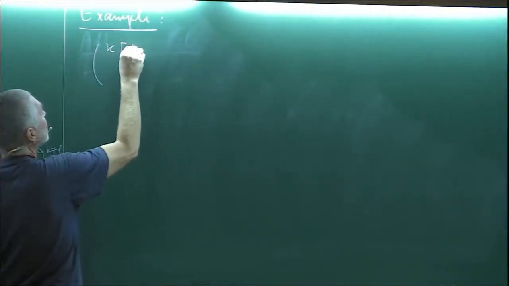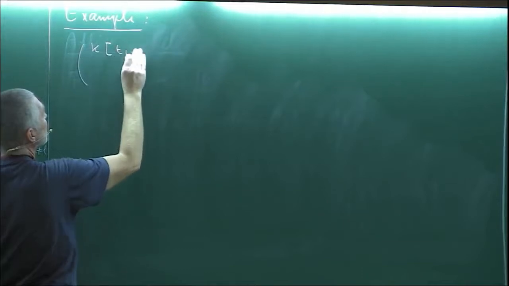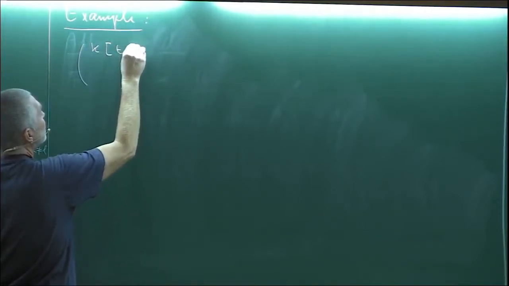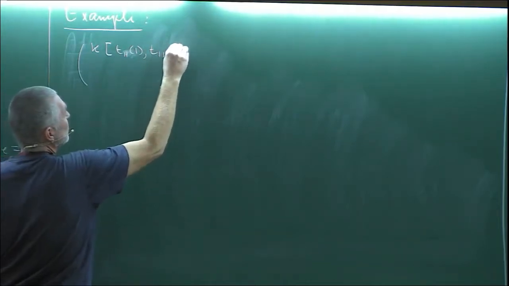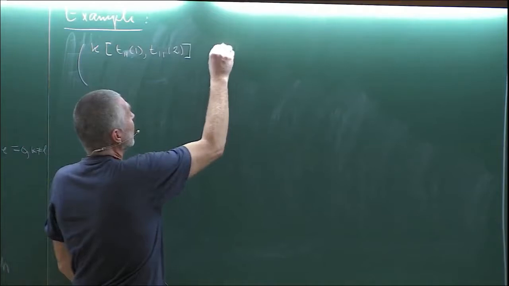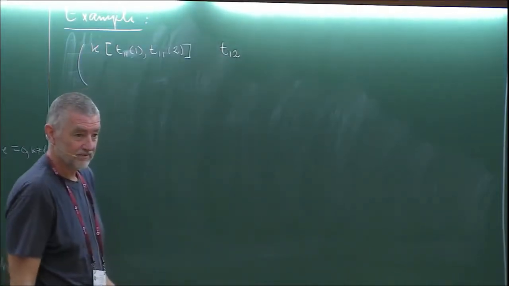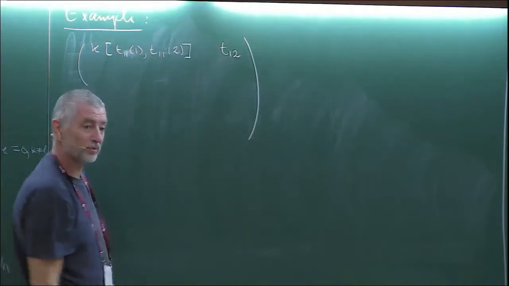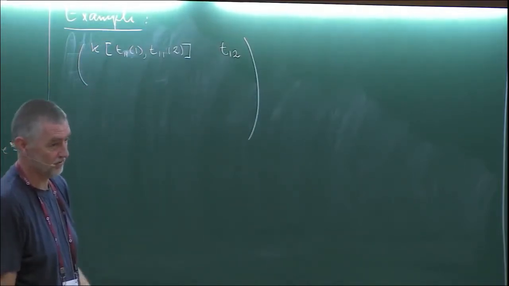So I look at K[T11, T111, T112]. Now I use square brackets because I want it to be commutative, just for the case of the example. No reason to do it, but I do it now so you can see some geometry. I put in T12 up here. There's only one of them, so I don't put in a 1. I could have used that, but I don't.